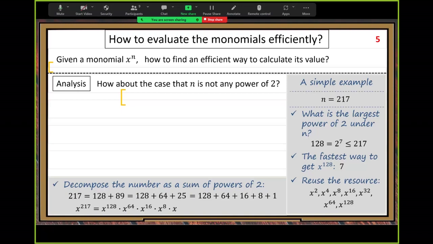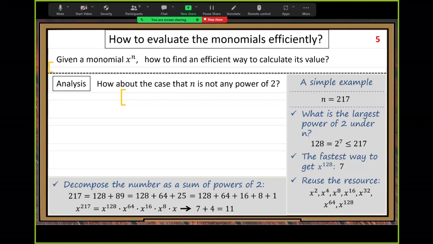No multiplication needed to use x. Then you can see dot, dot, dot, dot: 4 more dots, 4 more multiplications. That means after the 7, we need 4 more multiplications to get this final number.